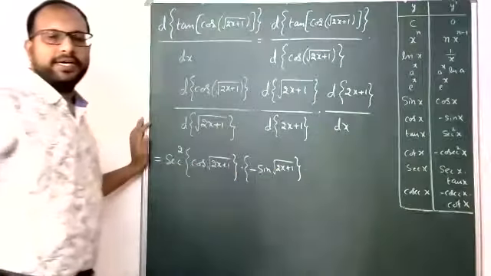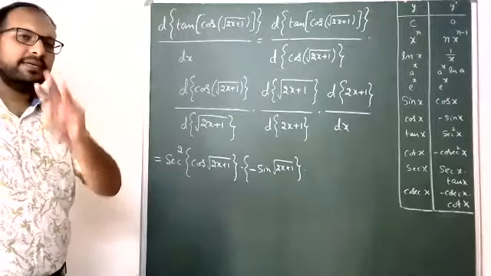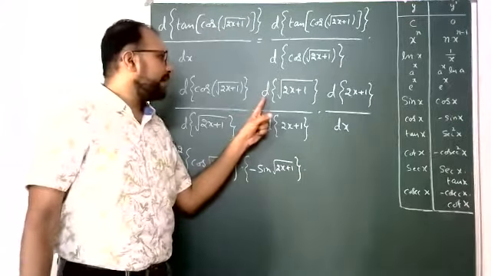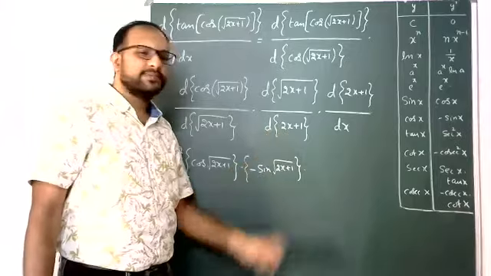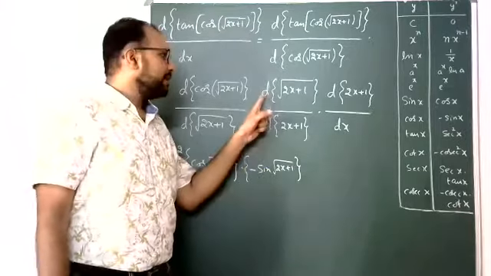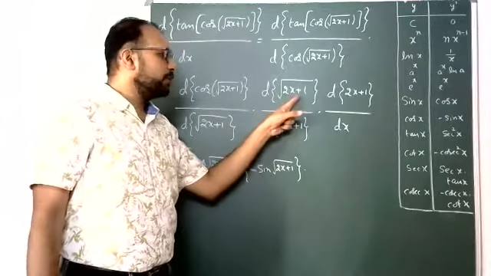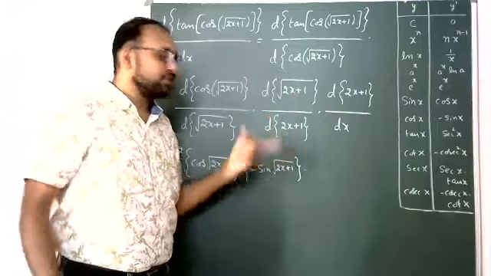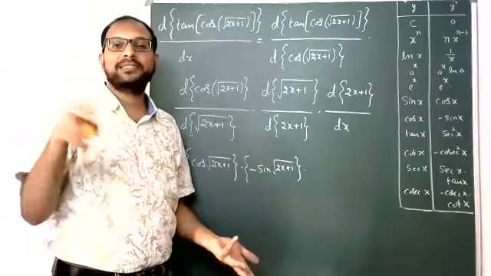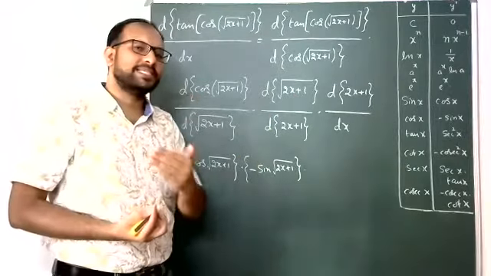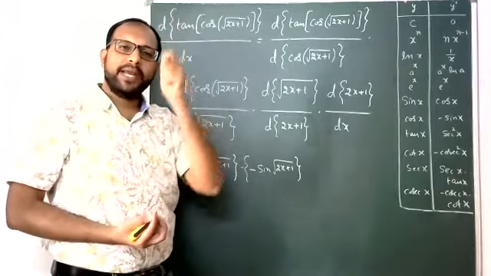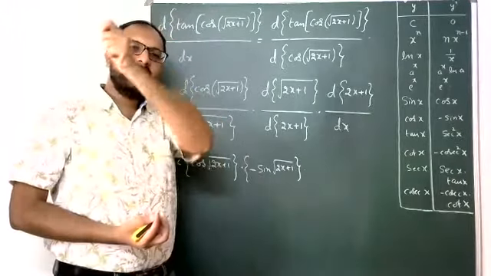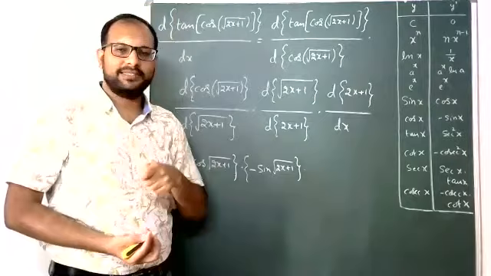Second link is over. Now students, third link: derivative of root 2x plus 1 with respect to 2x plus 1. This is the derivative of root w with respect to w, indirectly the derivative of root x with respect to x. Root x means x to the power of 1 by 2, and the derivative is 1 by 2 x to the power of 1 by 2 minus 1, that means 1 by 2 root x.